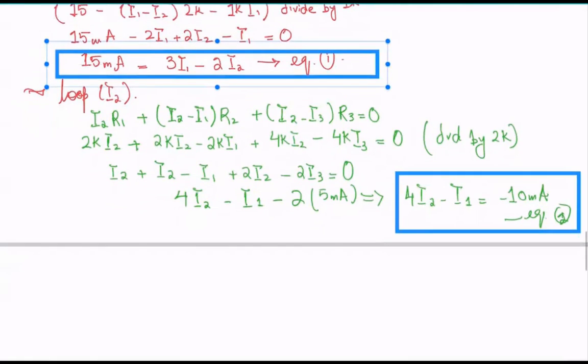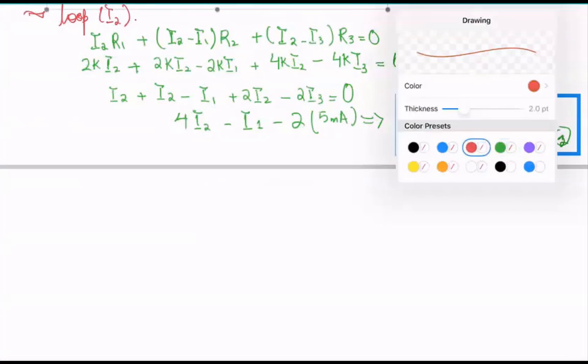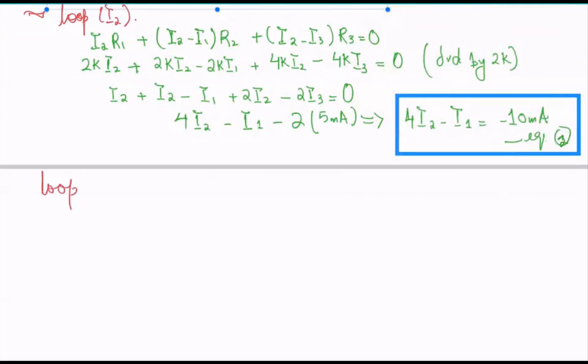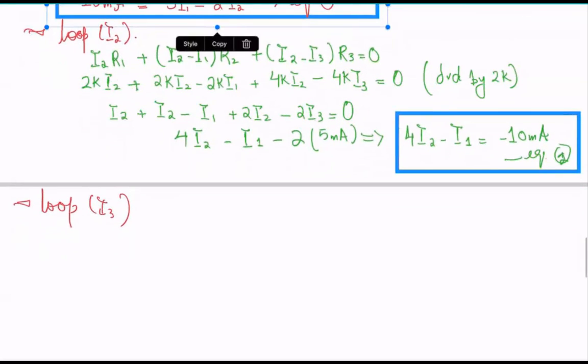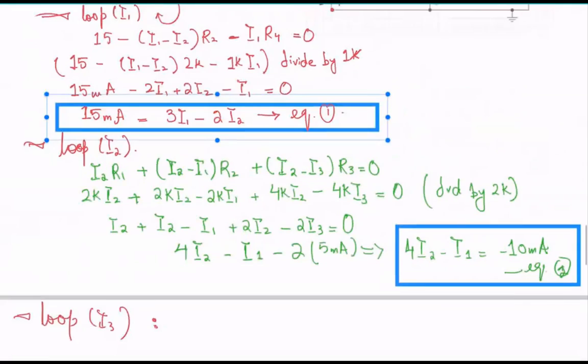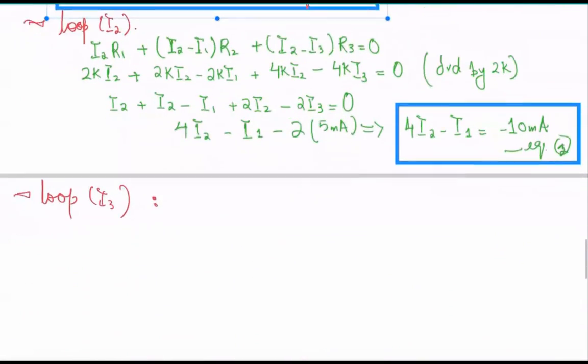Now I'm going to work on loop I3. This was pretty simple. For loop I3, we already know I3 equals 5 milliamps, so we didn't really have to come up with an equation.